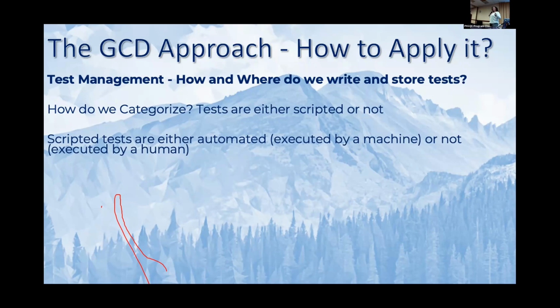Or we may be building them in a framework or a tool, and those are likely all automated. Both of those are scripted testing, because what we're doing is using a set of instructions to validate an expected result, right? So we're following a list of instructions.